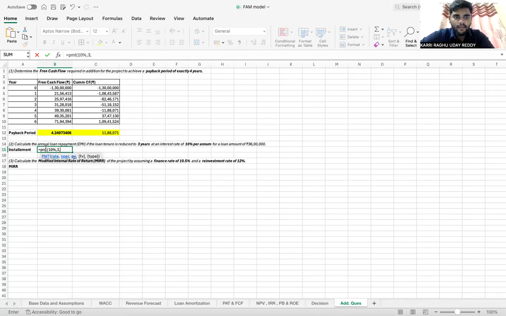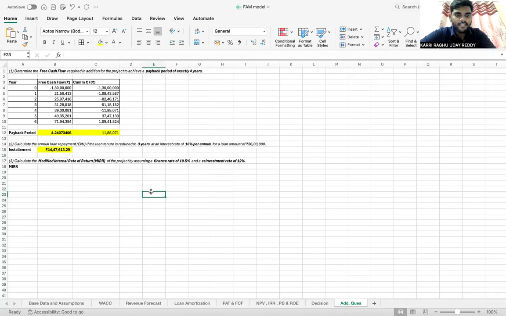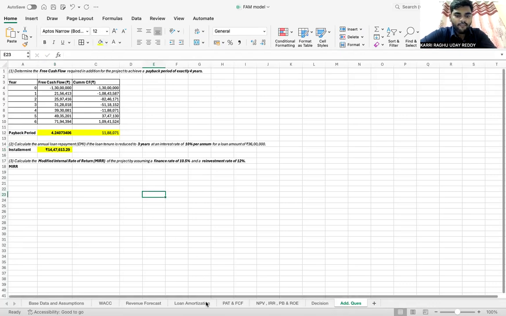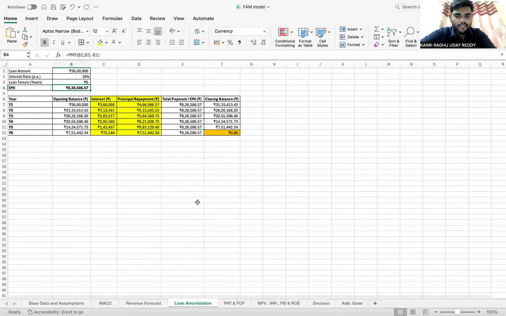So 3 instead of 6, now we are calculating for 3 years. The loan amount is 36 lakhs. So the EMI amount comes to 14 lakh 47,613 if it is 3 years. If it is 6 years, we are getting 8 lakh 26,000.